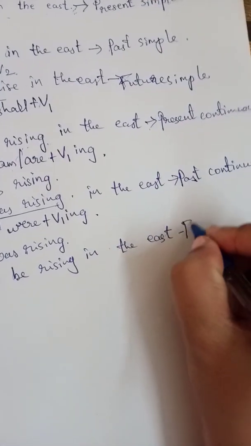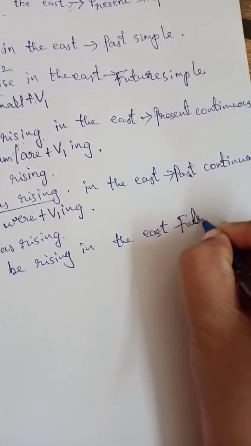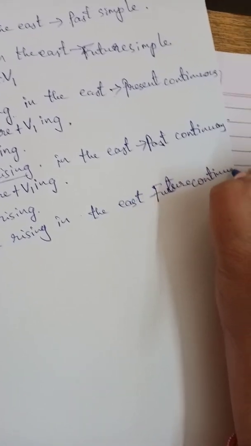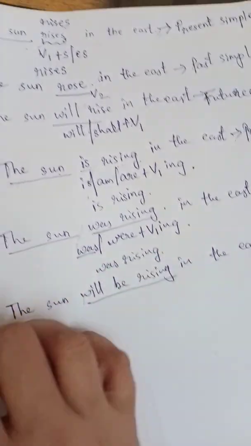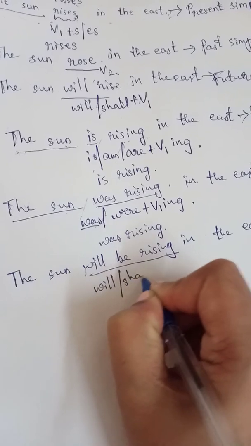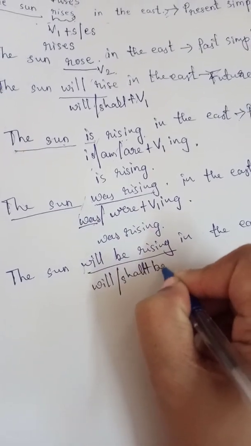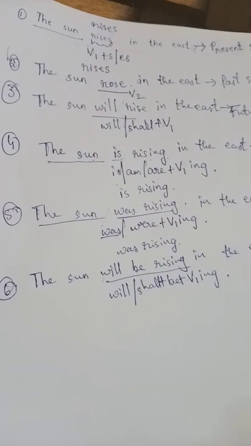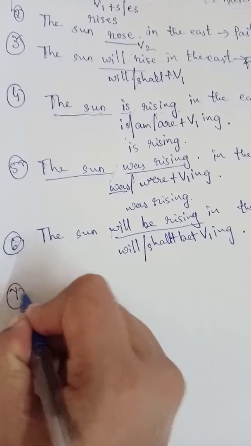So it is in the future continuous tense. Okay, so how is the verb form in the future continuous here? See here, will or shall plus be plus V1 ing. Okay, children. Next, we will see the present perfect form.